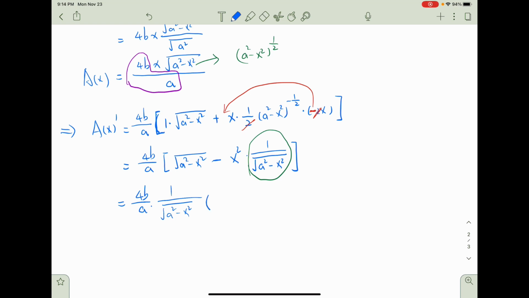That means we need to divide every term inside this bracket by this fraction. And we know dividing by a fraction is equivalent to multiplying by its reciprocal, right?